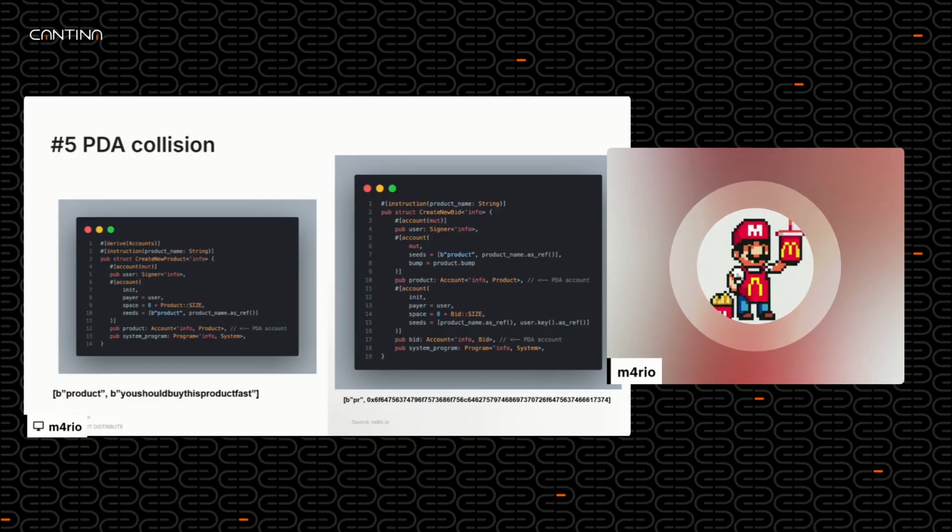Therefore, here I gave an example of two PDAs that actually will collide. And an attacker can actually mine this for every product and specific users and block them, by generating these basically fake products with names that will collide with the seeds for a bid. So in this way, an attacker can DOS the user for placing bids on specific products. This is a pretty interesting attack vector.